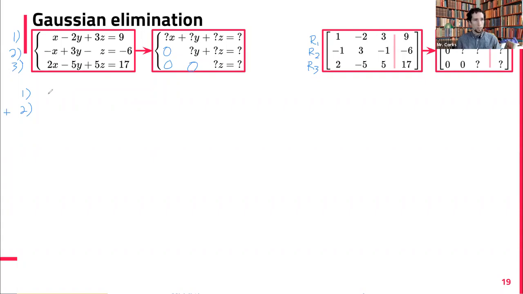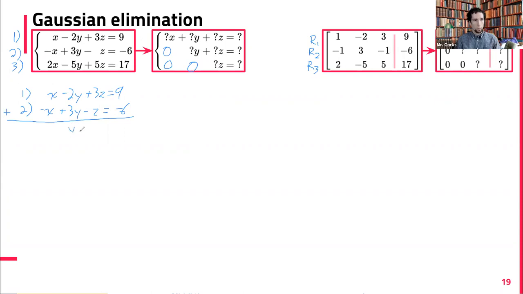So let's do that. x minus 2y plus 3z equals 9, and negative x plus 3y minus z equals negative 6. All right, and we are adding, so the x's are disappearing, so that's 0 here.